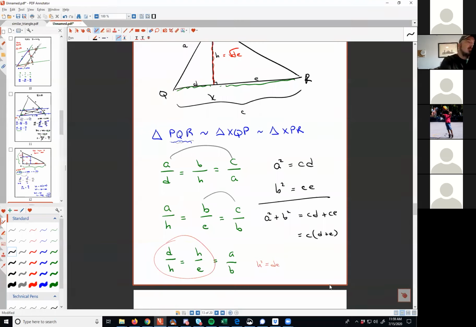We changed the equation so that it's now A squared plus B squared equals C squared. A squared plus B squared equals C squared. We just used similar right triangles to prove the Pythagorean theorem. And that's beautiful.